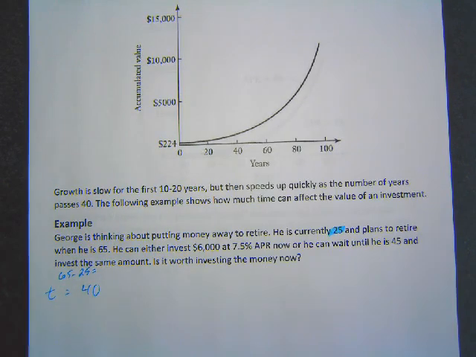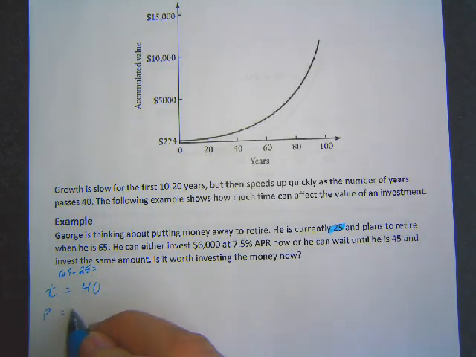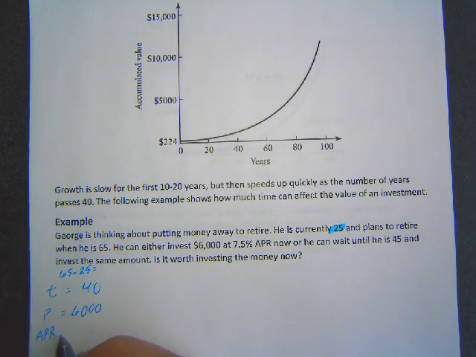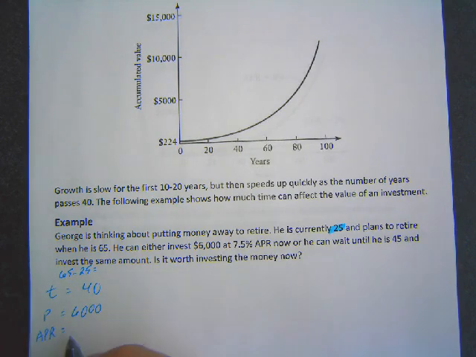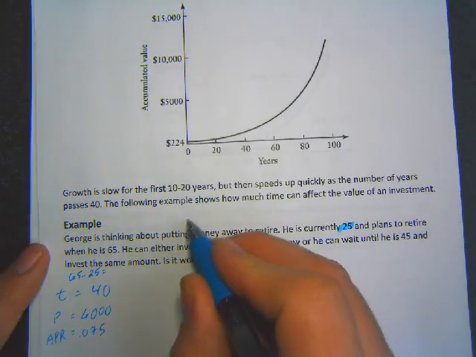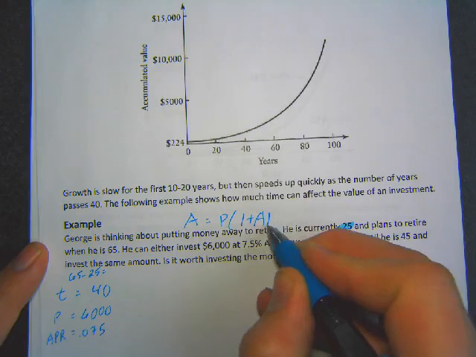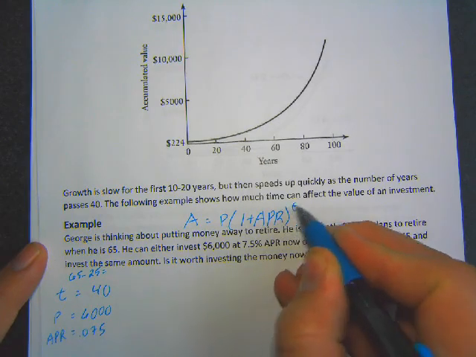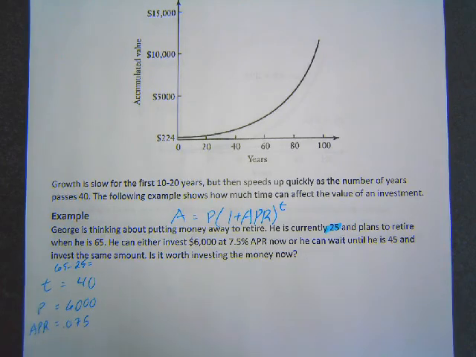His principal is $6,000, and his interest rate, or APR, is 7.5%. You move the decimal two over, you get 0.075. So using the interest formula, A equals P times (1 plus APR) to the T power, with these values, we can figure out how much money he's going to make.